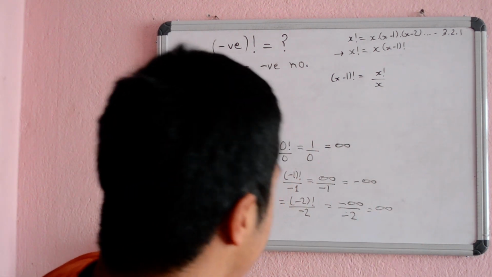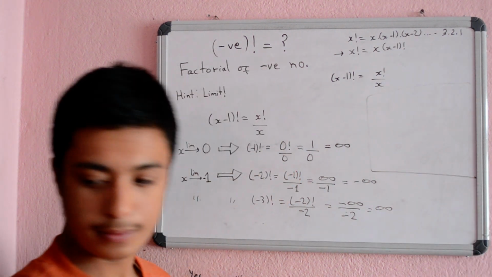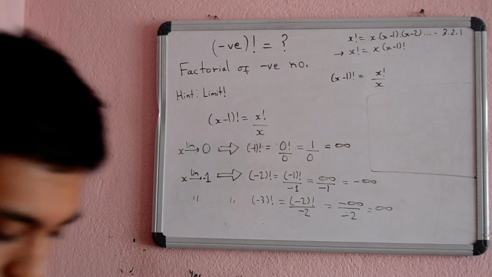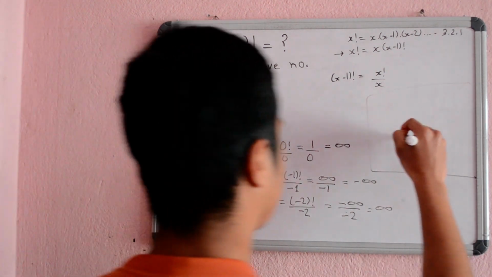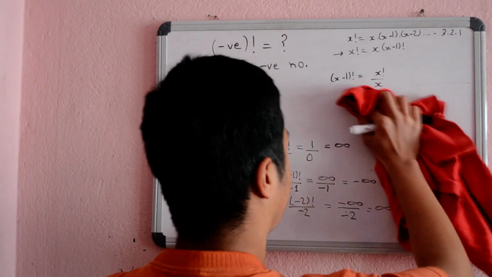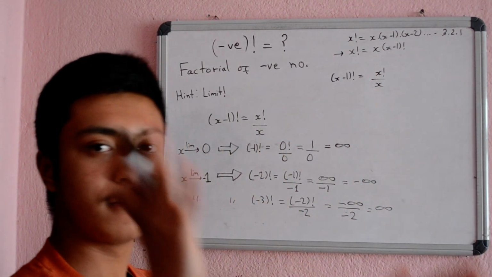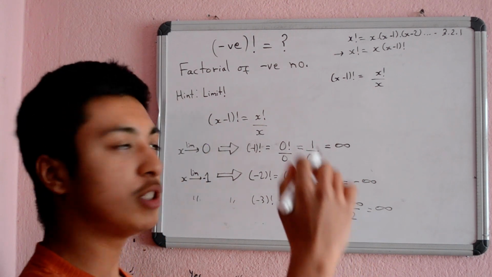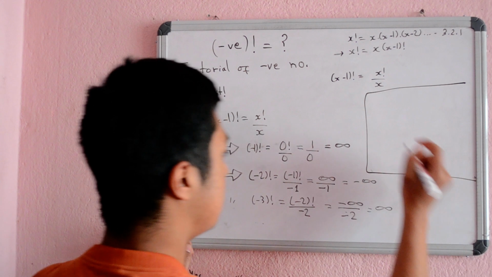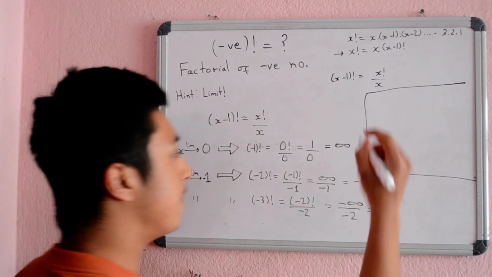So we can conclude what the factorial of a negative number will be. I'm just going to write it right here. Let's say we used x so much, let's use n.